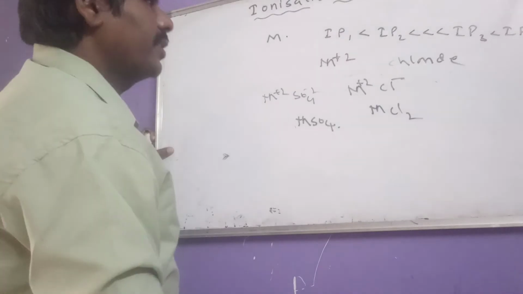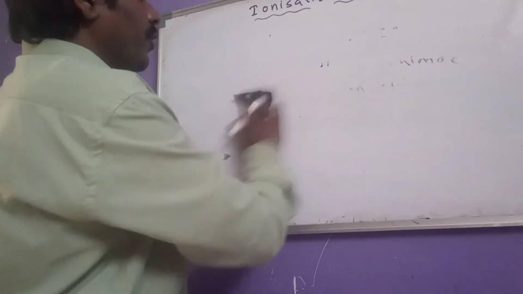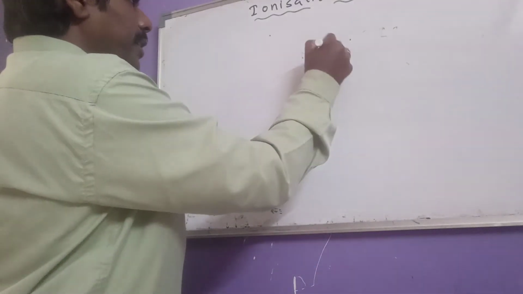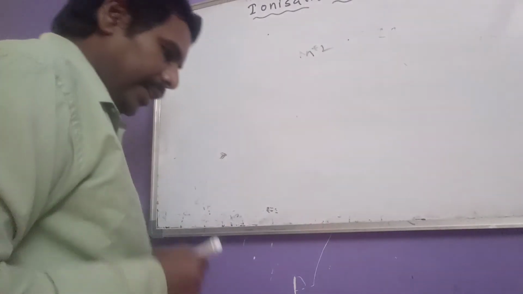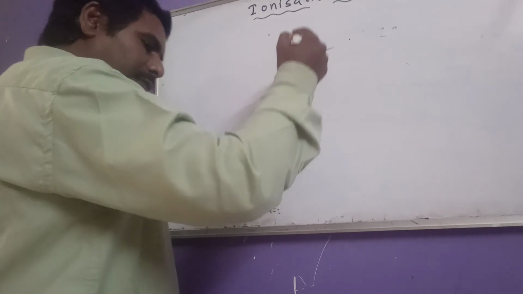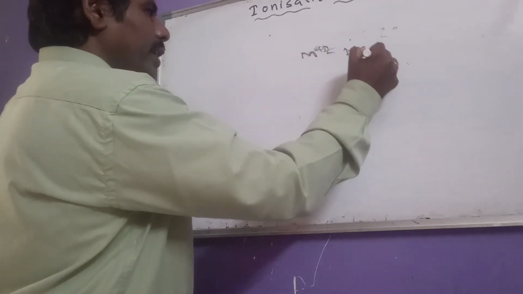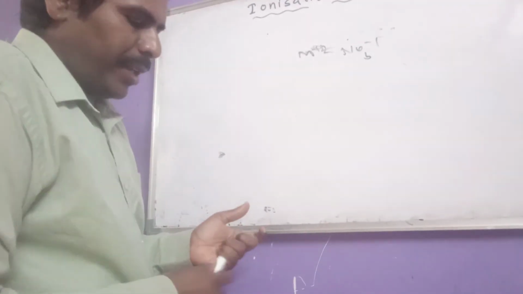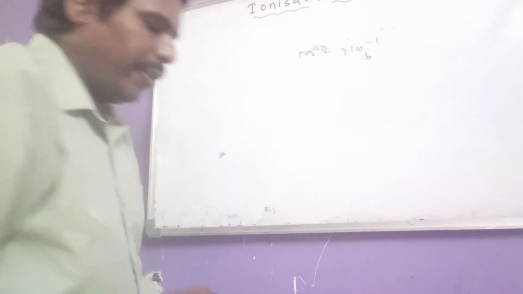And its nitrate formula: M is present in plus 2 state and nitrate is NO3 minus, so M plus 2 and NO3 minus. So we get the formula M(NO3)2, with NO3 taken twice.